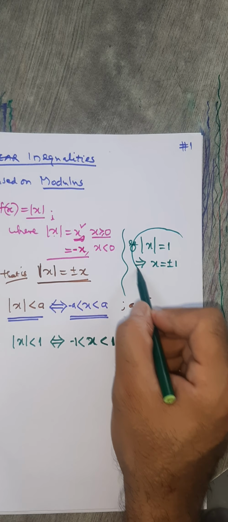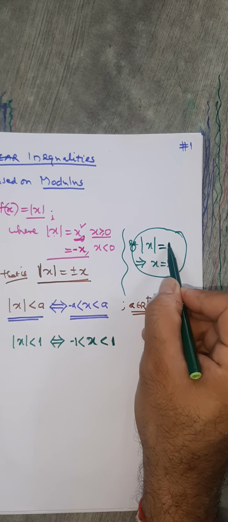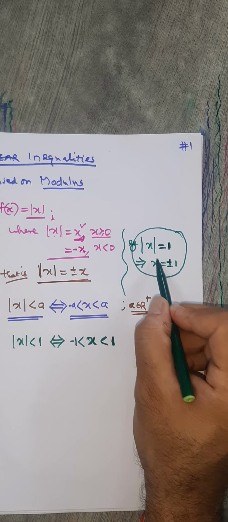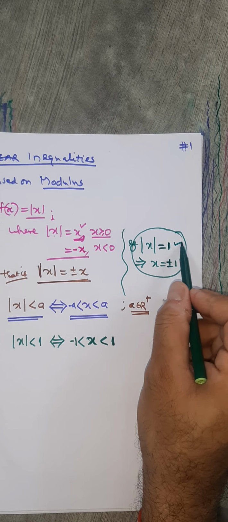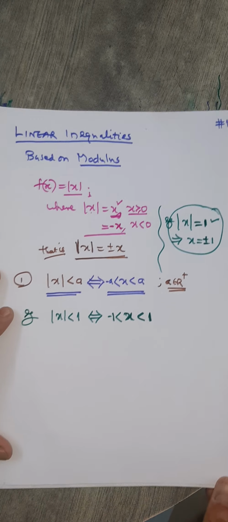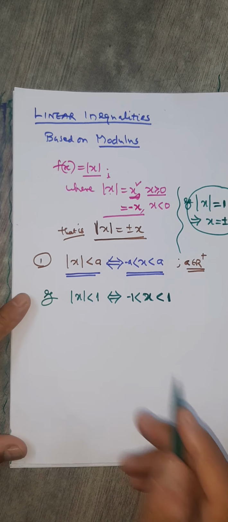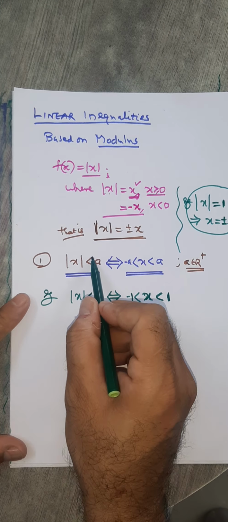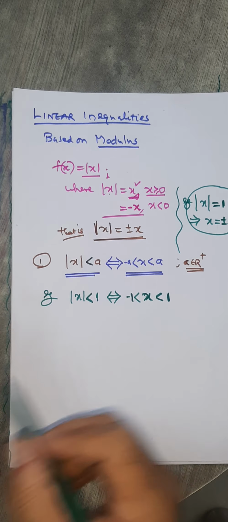But this is about equality. So we have just two numbers. x can be minus or plus 1. In both the cases, answer will be 1. But here we have inequality, remember, less than. Then x is between minus 1 and 1.